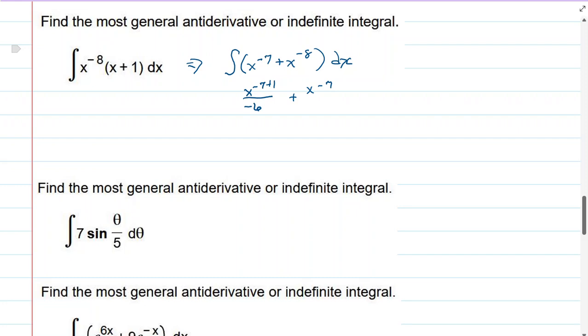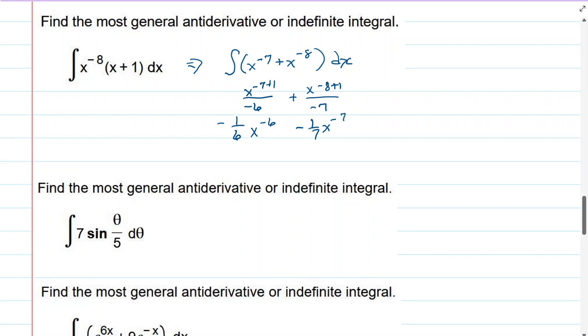Let me stay in my order. And that's to the negative 7.